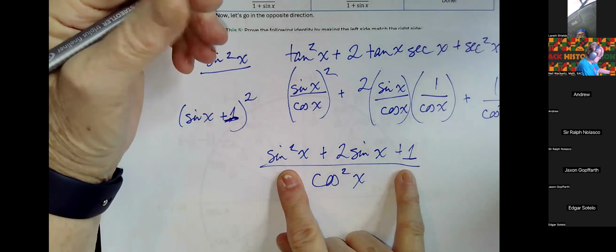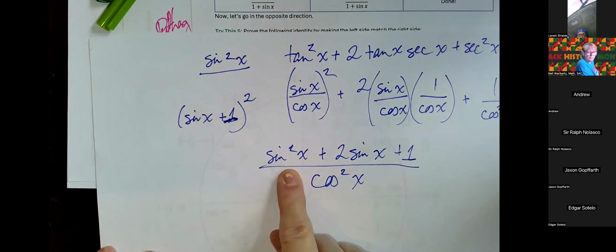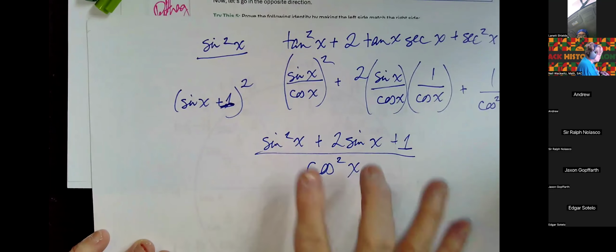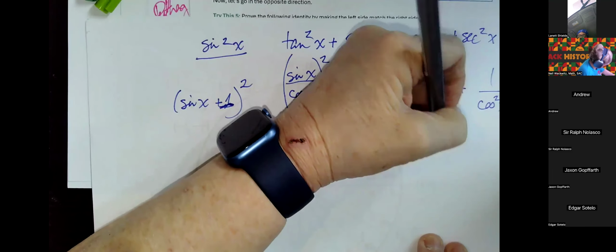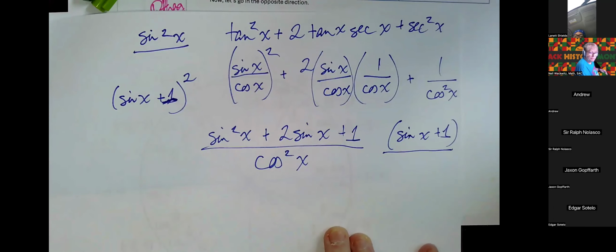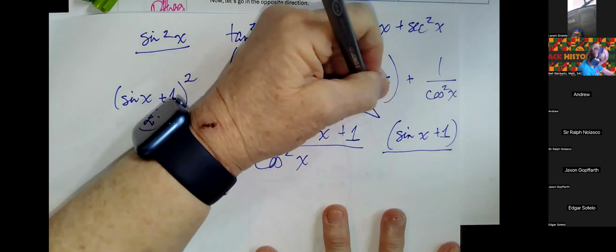So are you saying, is this a perfect square? Yes, it's a perfect square trinomial. So trinomial, 3 terms, perfect square trinomial. So we're going to write it as a binomial squared. And that's algebra.